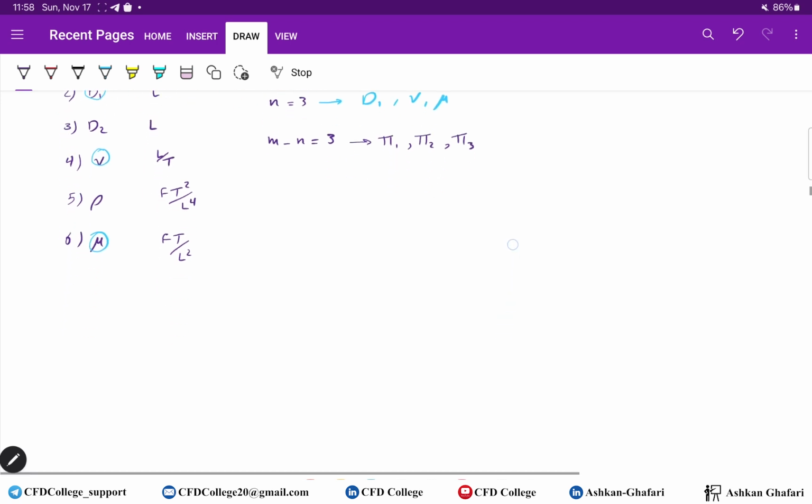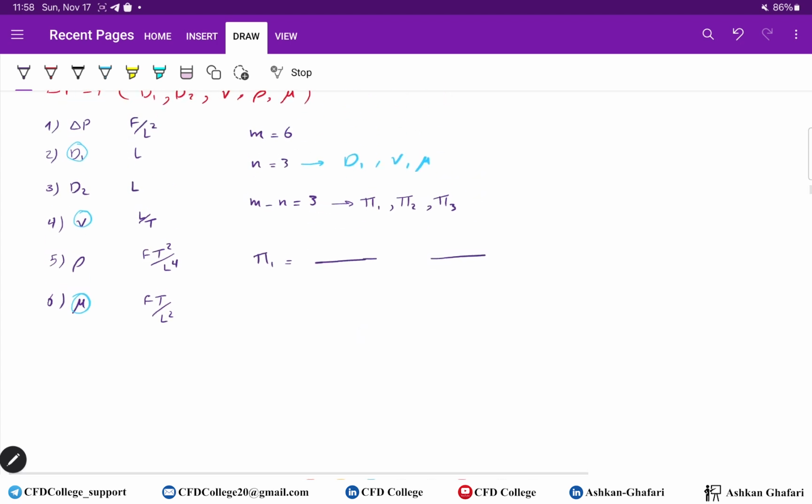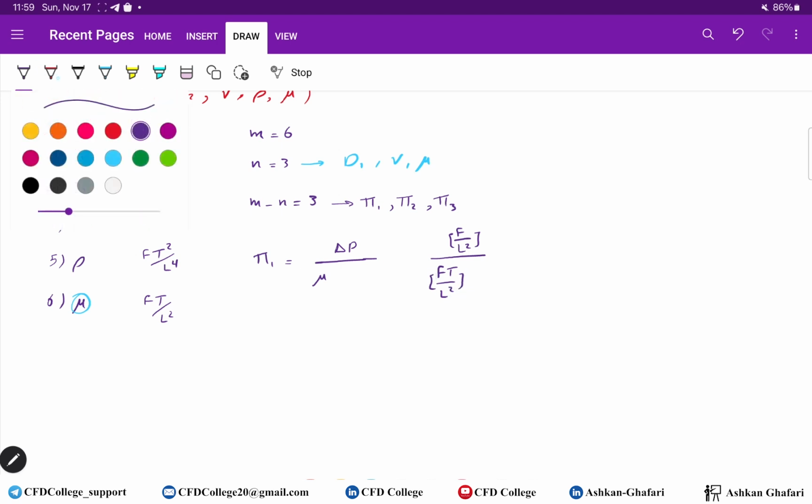Okay, now we can solve the problem. Pi 1, we start from delta P. The unit of delta P is F over L squared. We have force in mu, so we should put it here, F T over L squared. Now F is gone.